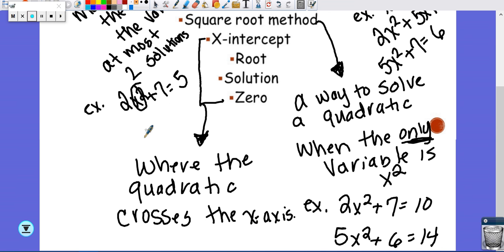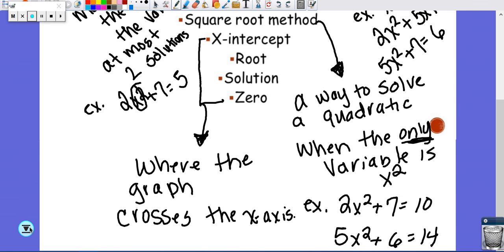It doesn't even necessarily have to be a quadratic. It's not just with quadratics, it's with all types of equations. Where the graph crosses the x-axis. And that's what we call an x-intercept, a root, a solution, and a zero.